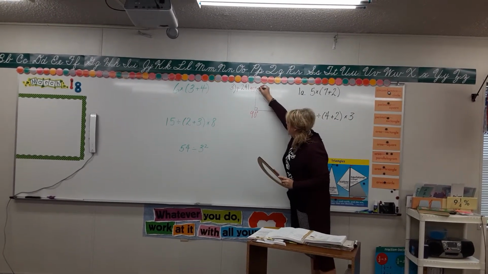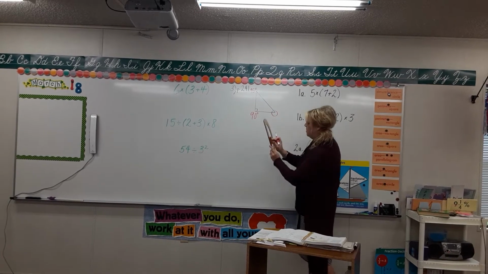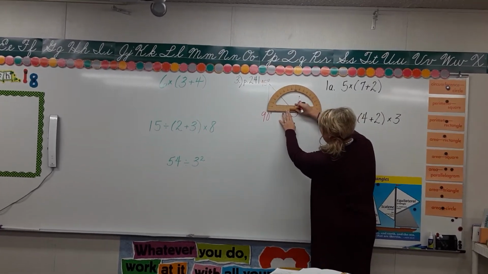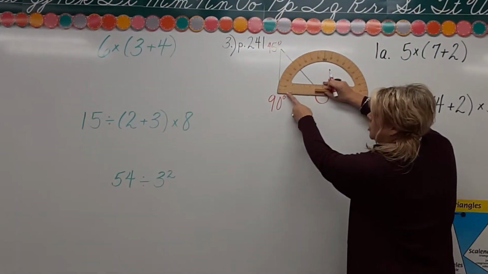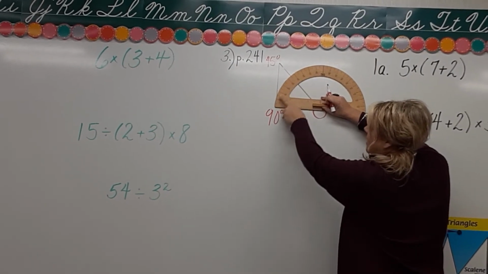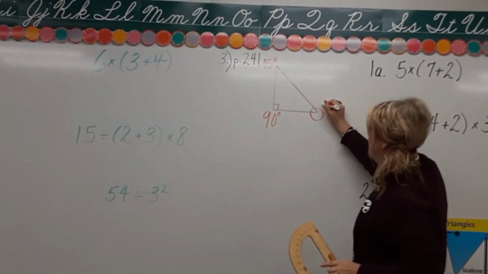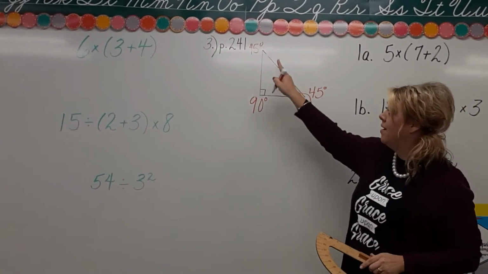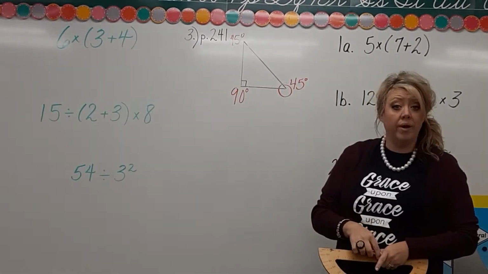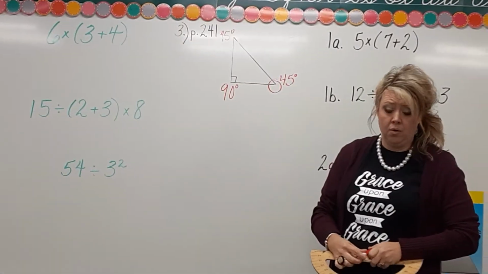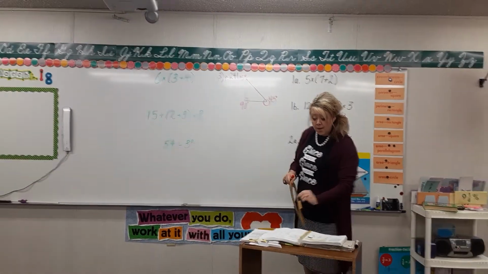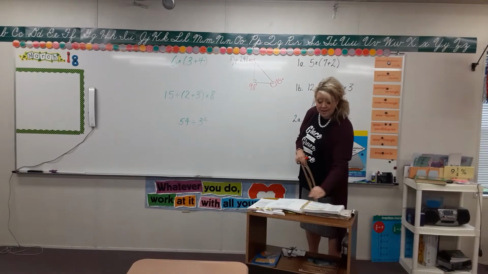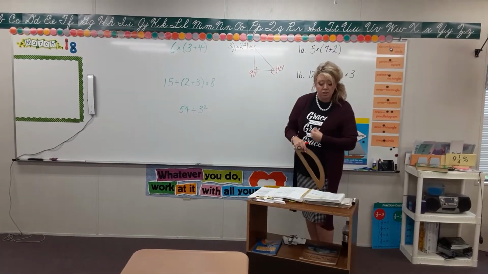We come down and put our vertex marker here at this vertex, align it. Now I'm going to use the top scale, and you see again, that's a 45-degree angle as well. Remember, if you've done it correctly, all three of those degrees should equal 180 degrees, which is what a triangle equals.